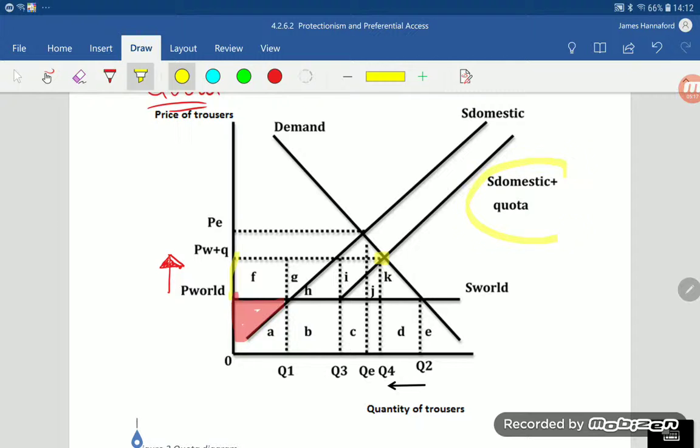This is effectively the supply curve now for the domestic quantity, so that becomes the supply curve. Therefore, the producer surplus has grown by this shaded yellow area, and that shaded yellow area is F, G, H, and I. So what does that leave us with then?